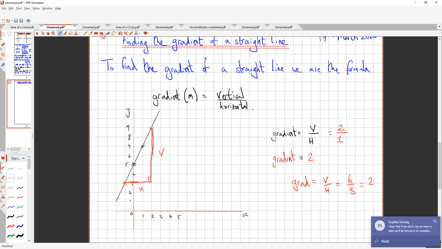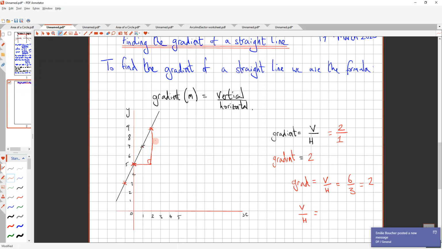Alright, let me just do one more example like that, just to show it doesn't matter the size of the triangle. Let's say I pick, I don't know, let's pick this one again. And let's pick this one. So what's our vertical in this case?